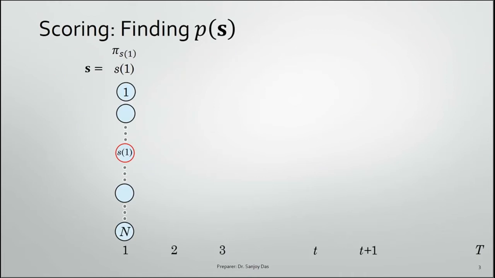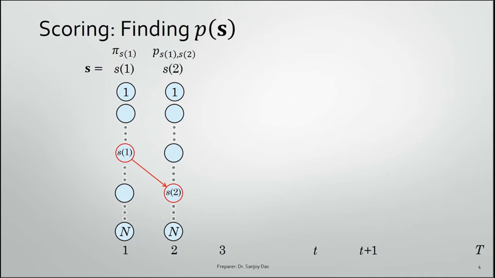So our goal is to find the probability P of S first. The first state of this state sequence is S1, and the probability of S1 is pi S1. Pi is the initial probability. The probability of S1 and S2 is pi S1 times the transition probability from S1 to S2, which is P S1 S2.